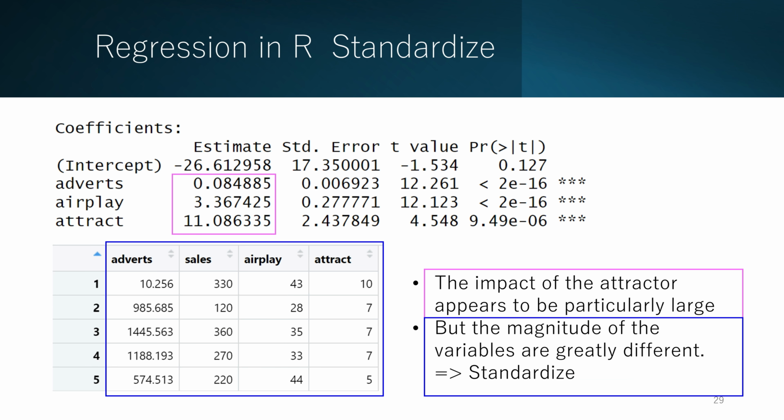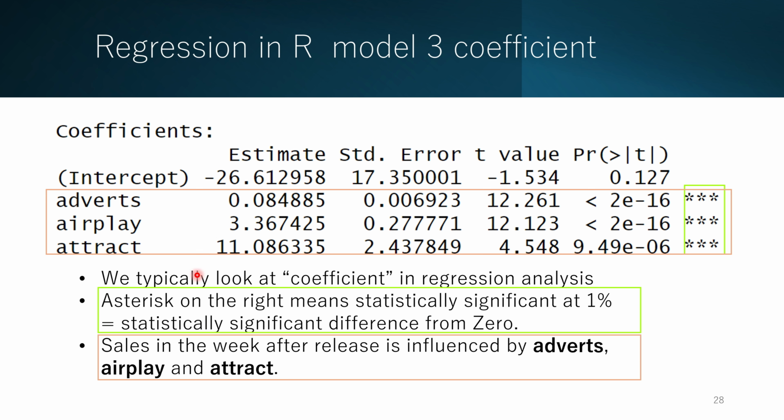So next, we would like to check the impact of these 3 explanatory variables. It looks like the magnitude is the estimate. In the estimate column, attract is the biggest value, about 11.